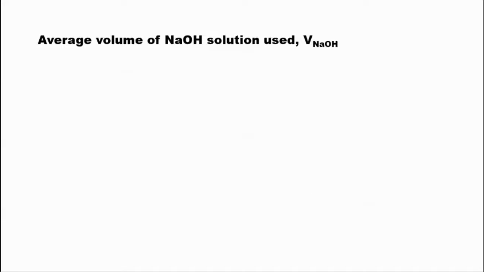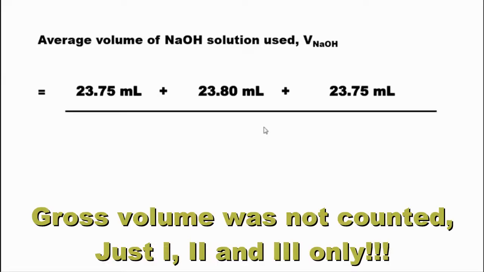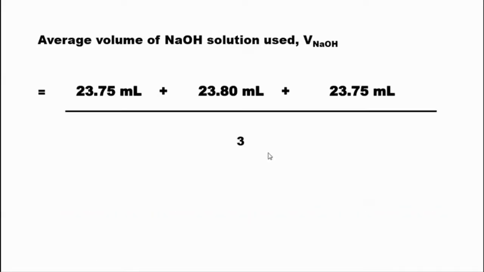This is simple. We just find the average of these three: 23.75 ml plus 23.8 ml plus 23.75 ml, divided by 3, and we are going to get the average volume of sodium hydroxide solution used in the titration.